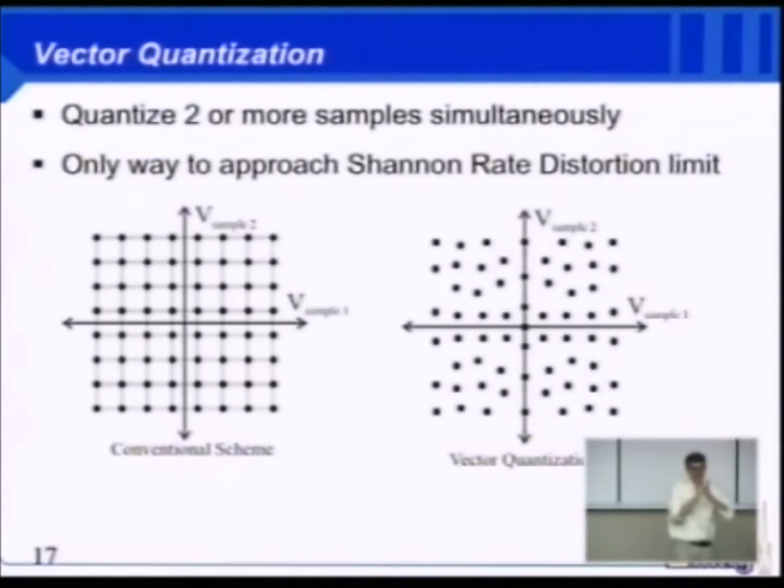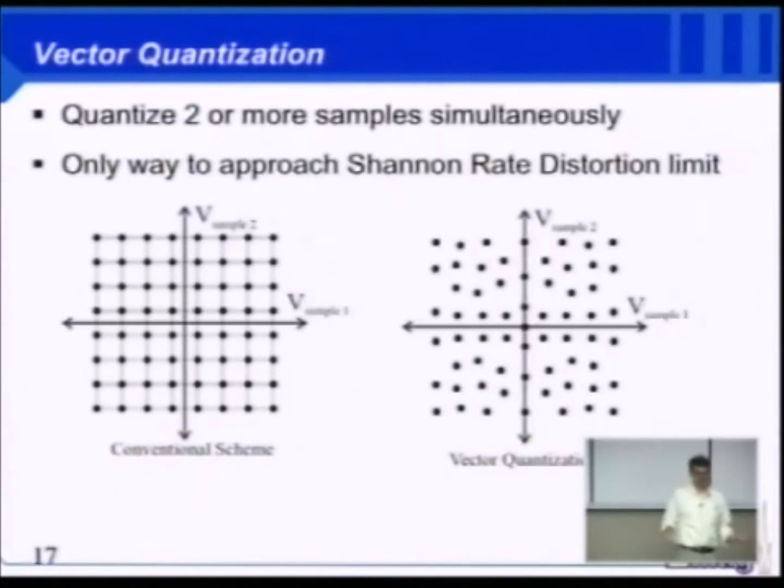And if I applied a uniform quantizer to those signals individually and in succession, then you can think of the quantization space as being this uniform grid, right? Every uniform level of the first sample is on the x-axis. Every uniform sample of the second sample is on the y-axis. And the intersection points trace out a grid. And those are the quantization levels for those pairs of samples. And I can do that independently. I can work on one sample and quantize it, and I can work on another sample and quantize it, and that's how I can represent it on a 2D graph.